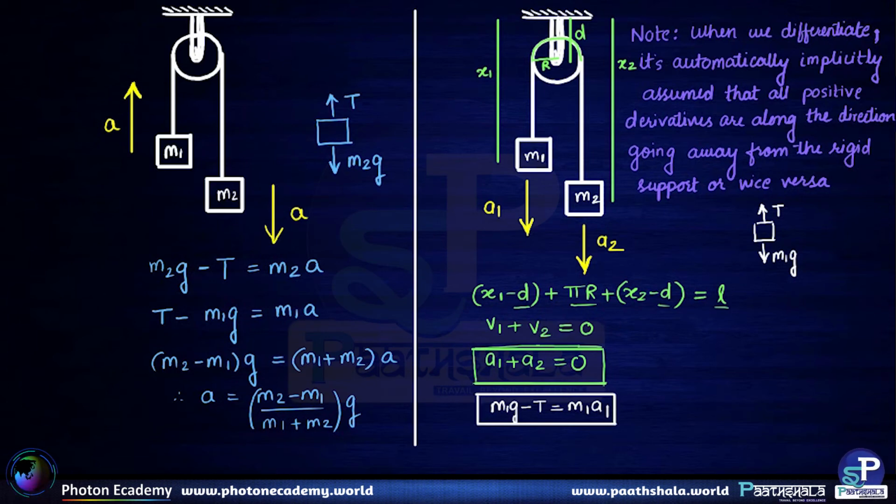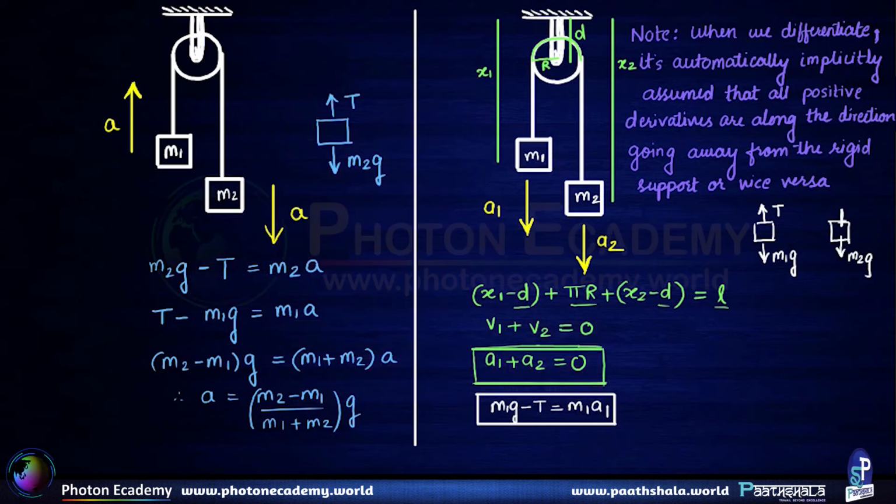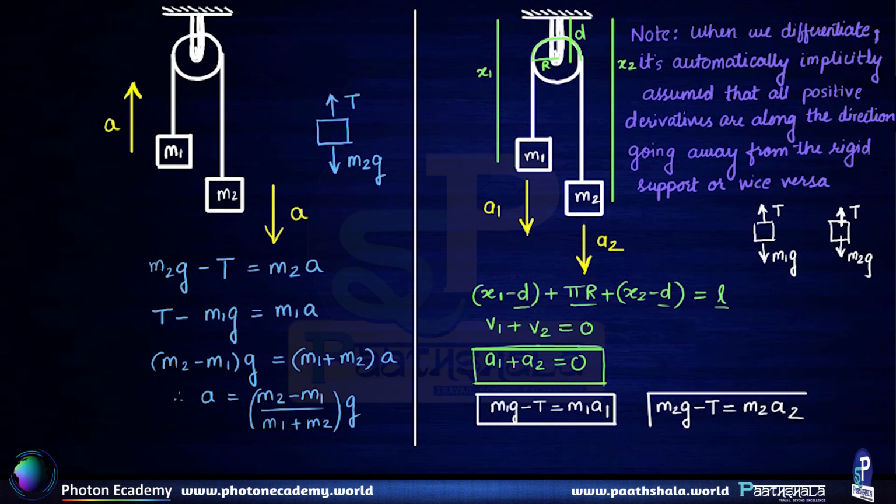Similarly, for the mass m2, the same analysis can be done. For the mass m2, m2g is the downward force and the upward force is again the force of tension. So for the mass m2 we can write m2g minus T is equal to m2a2.